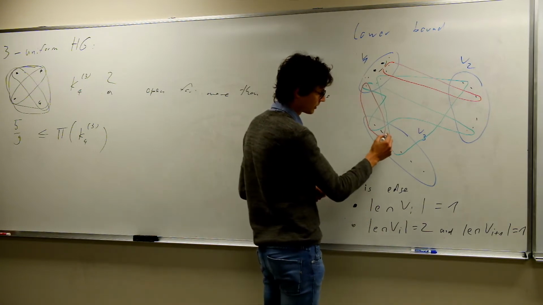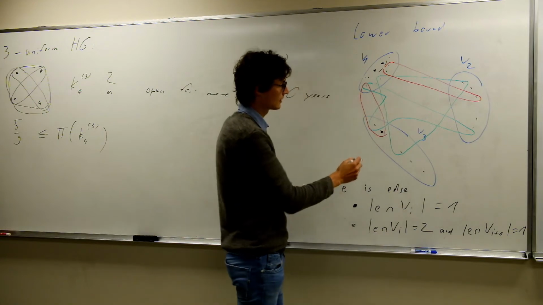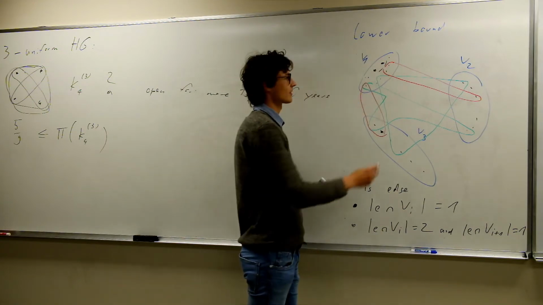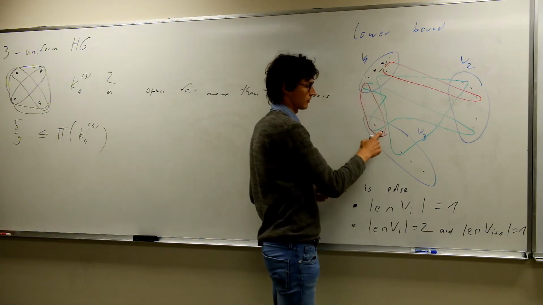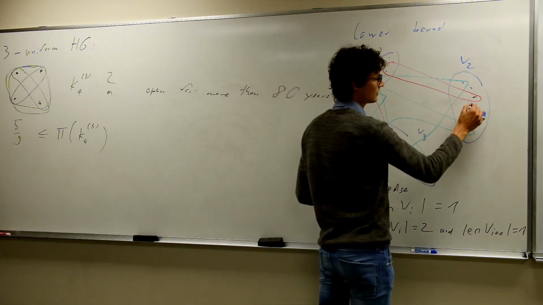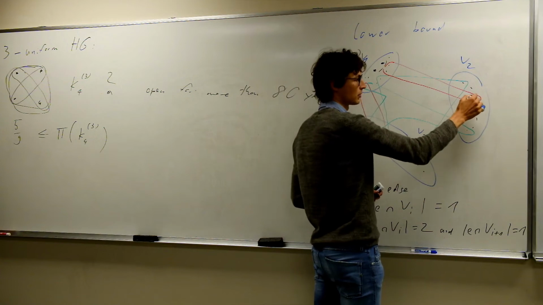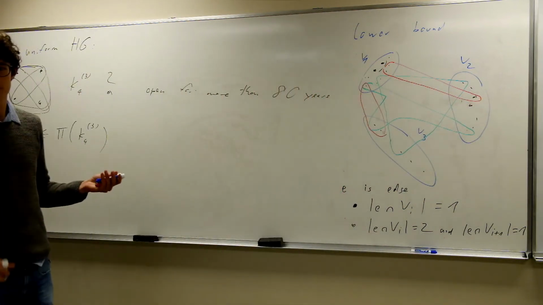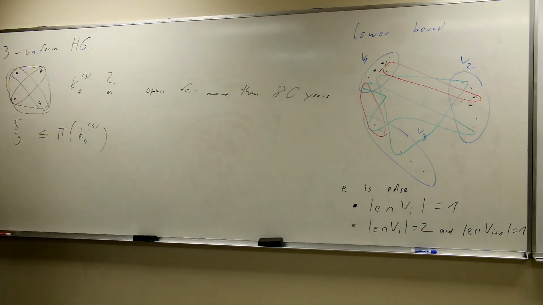If I take 1 here, I cannot have this edge. So I have to choose the other 2 here, and that gives me the problem. I have 2 vertices here and there. So this graph does not contain K4^(3).